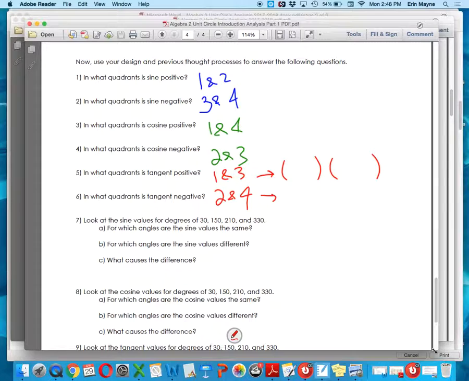Because what is tangent? It's y over x. Yeah, tangent is y over x. So if you heard what she said, this is a positive over a positive, but 3 is a negative over a negative. And in 2, you've got a positive over a negative. In 4, you've got a negative over a positive. Does that make sense? Are we clear on that?